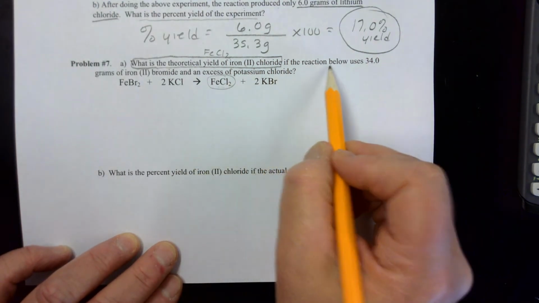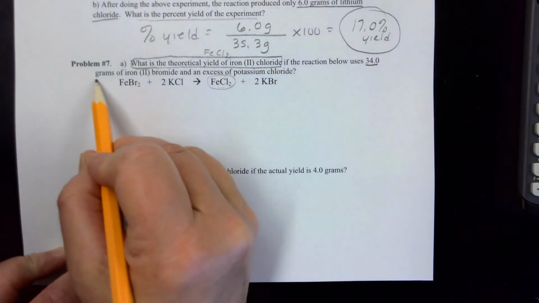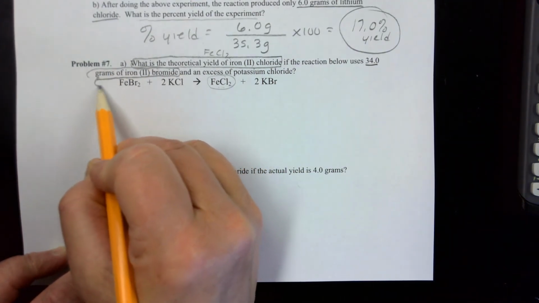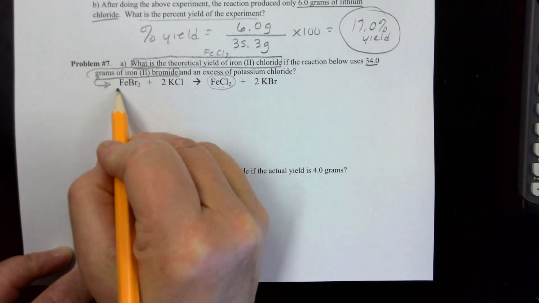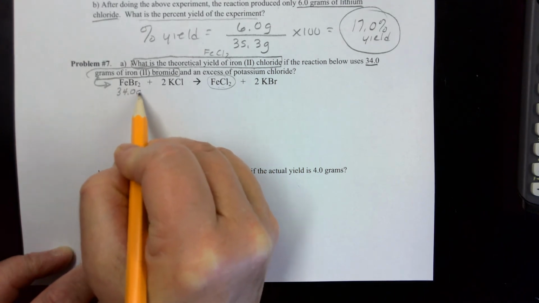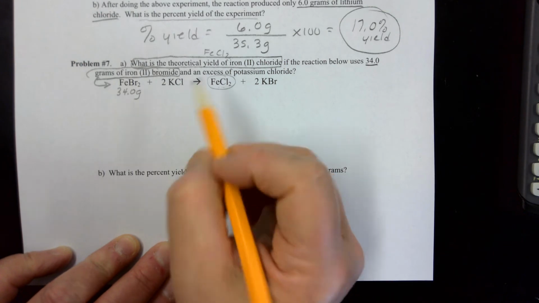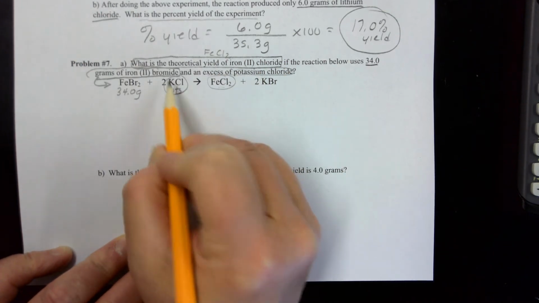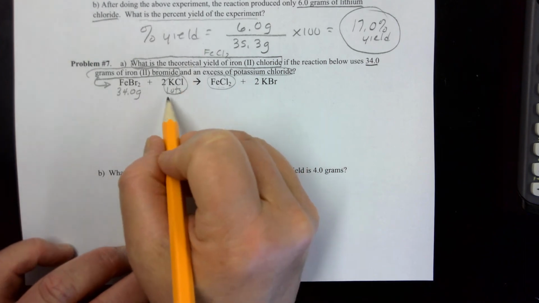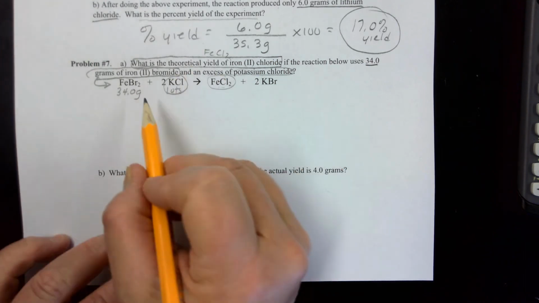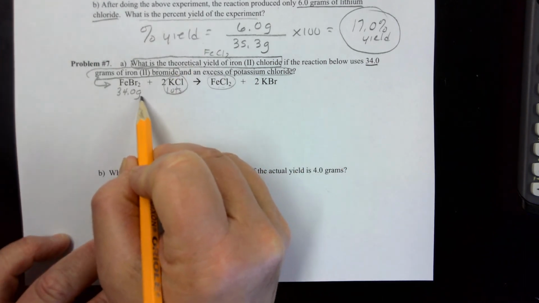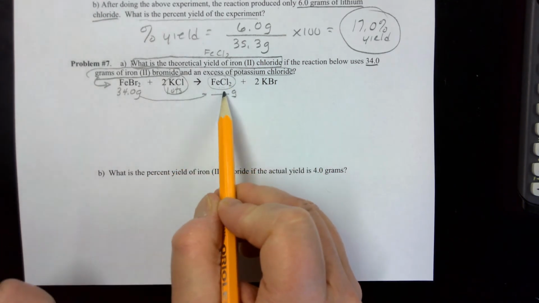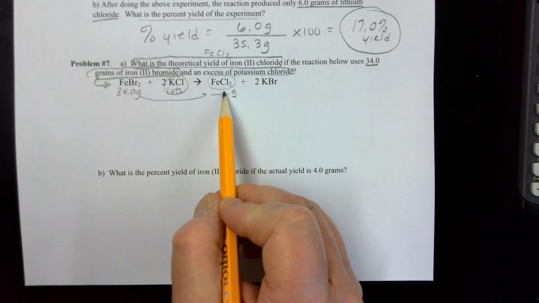If the reaction below uses 34 grams of iron 2 bromide, okay, so that's this stuff, and they're telling us it's going to use 34.0 grams of that, and an excess of potassium chloride, so we have lots of this, and remember, when we have lots of it, we are going to ignore it. So our job is to do a gram-to-gram stoichiometry problem to figure out the theoretical yield of iron 2 chloride.